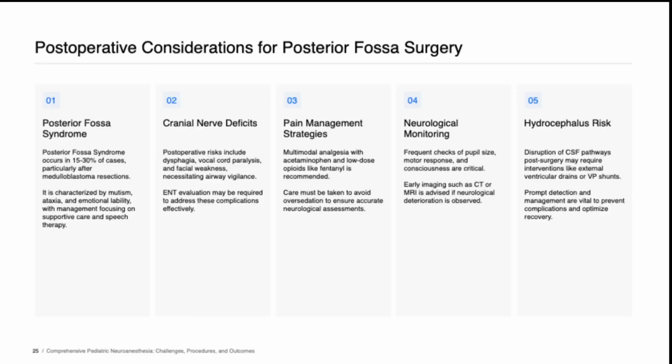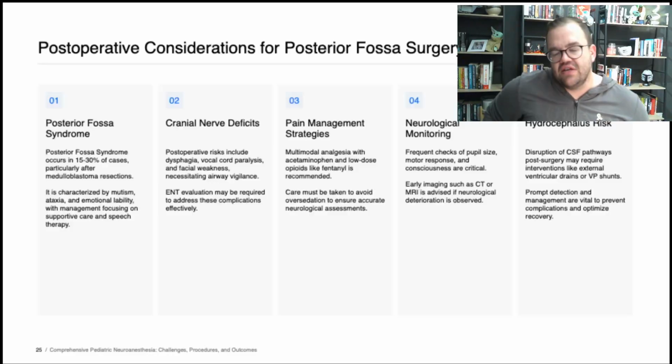It's where children are mute, they have ataxia, emotional lability, and essentially the treatment for it is supportive and rehabilitative with occupational therapy, physiotherapy, speech therapy, etc. And as I said, it seems to be an issue with a sudden hyperperfusion and an overperfusion of blood causing edema in the posterior fossa and the brainstem and the cerebellum, because there's now no longer this tumor and this hydrocephalus stopping blood flow.